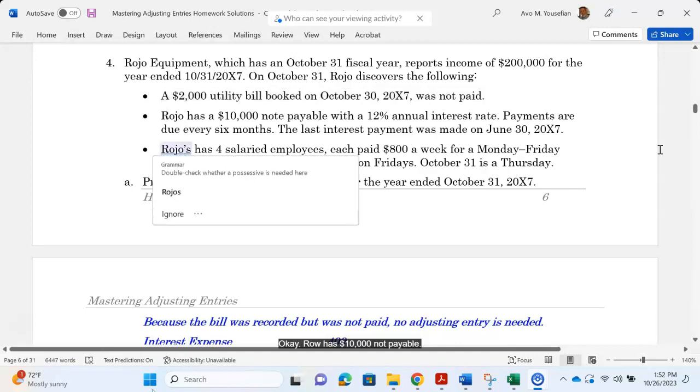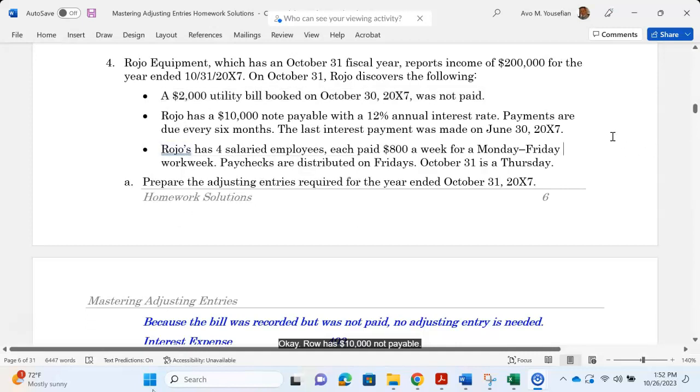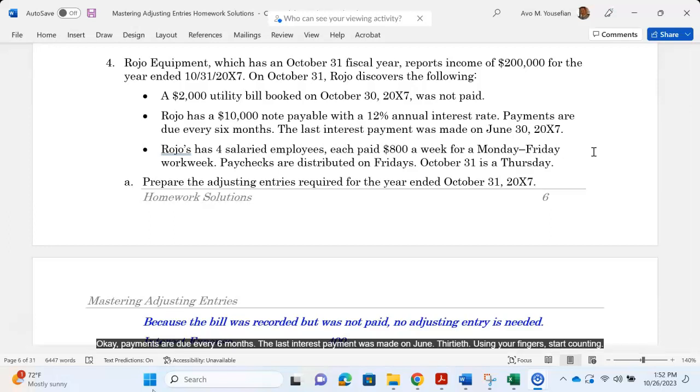Rojo has a $10,000 note payable with a 12% annual interest rate. Payments are due every 6 months. The last interest payment was made on June 30th. Now again, using your fingers, start counting.